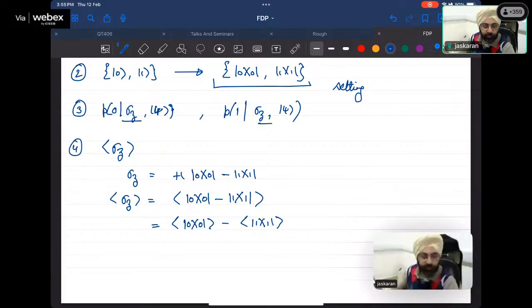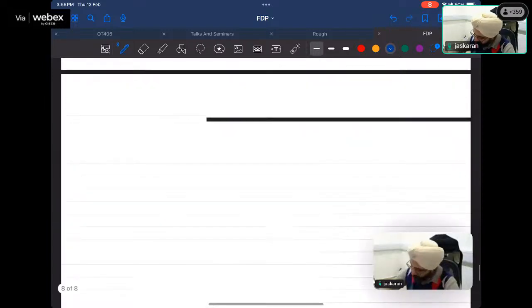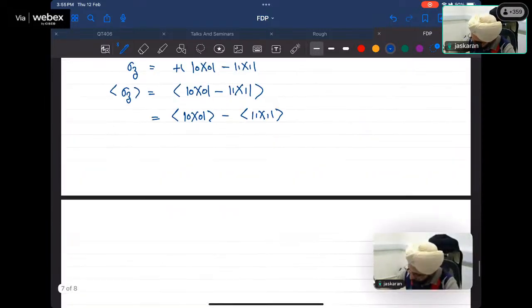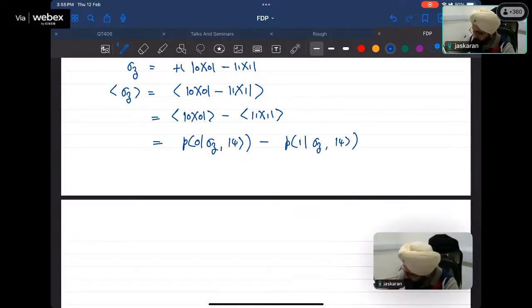We already saw that the expectation value of |0><0| is nothing but the probability of getting the outcome 0 for some state psi, minus the probability of getting the outcome 1 for the same state psi.